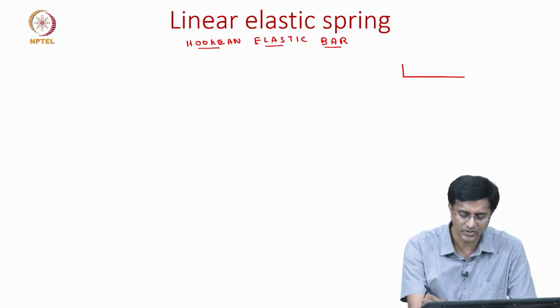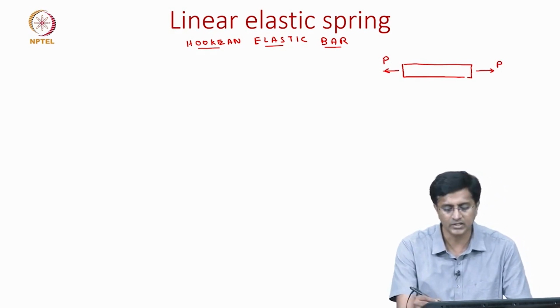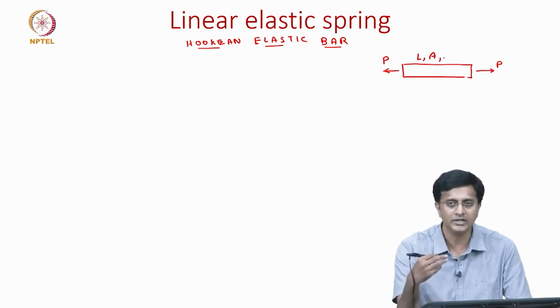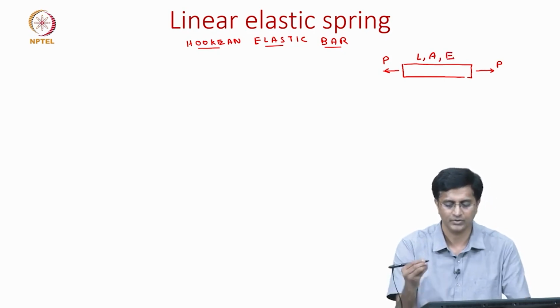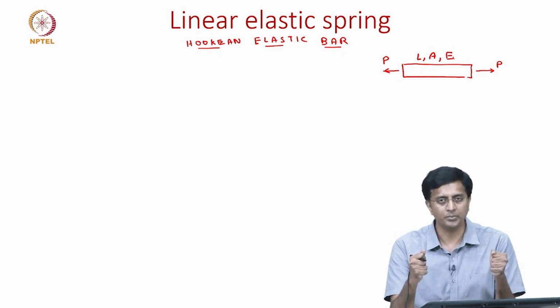We start with a uniaxial bar and then apply a uniaxial load. Let us say we are applying a uniaxial load P on both ends. This bar has length L, cross section A, and it is made up of linear elastic material of elastic modulus E. Since we are loading with a constant load P, under load it deforms.